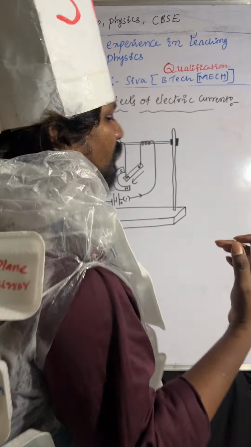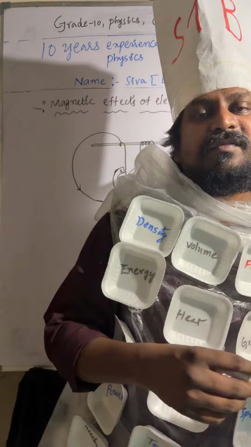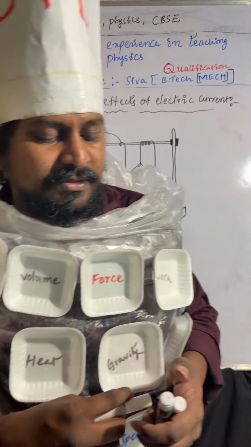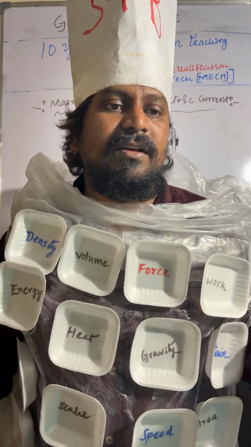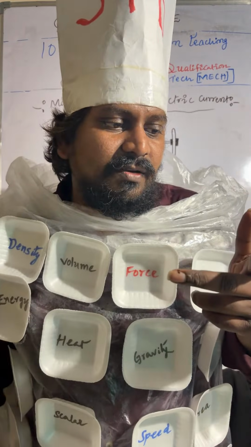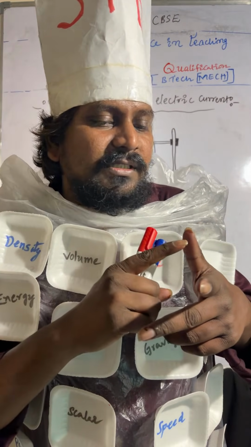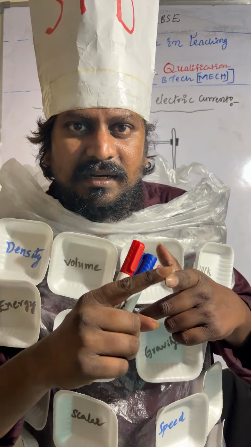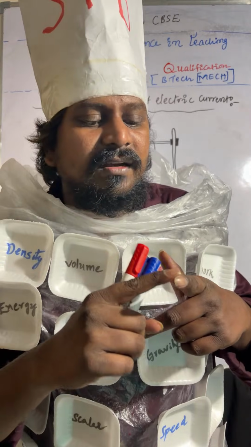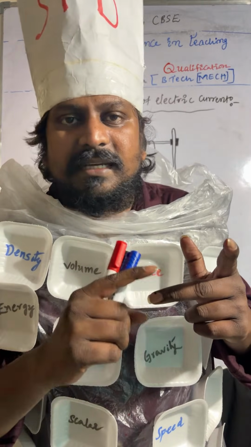So by using what rule can we identify it? By using Fleming's left hand rule, we can identify in which direction the conductor will move. You can observe, the thumb indicates the force acting on the conductor, the index finger indicates the magnetic field, and the middle finger indicates the current direction.